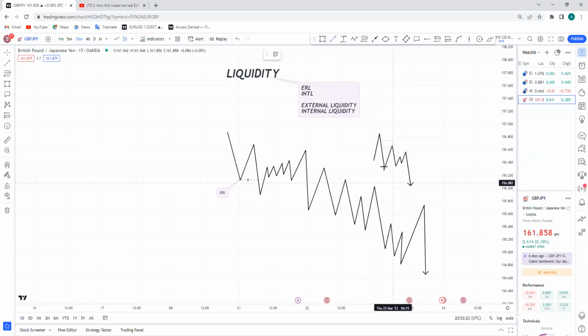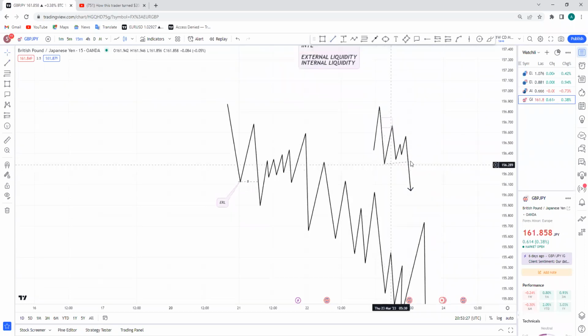Now, this is another leg. We are looking into it, and we're expecting price to break it to confirm once again. Now, some traders will be expecting price to buy from here. Then they will stop them out. So, external liquidity.